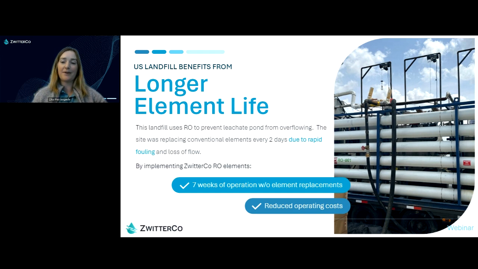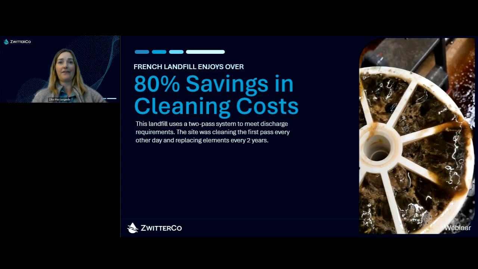They've since temporarily paused operations because it hasn't been raining and the pond isn't overflowing. But due to the fact that they had less fouling, more stable operation, and less frequent element replacements, the site has significantly reduced their operating costs and are looking to install ZwitterCo RO elements in other leachate treatment systems at other landfills.